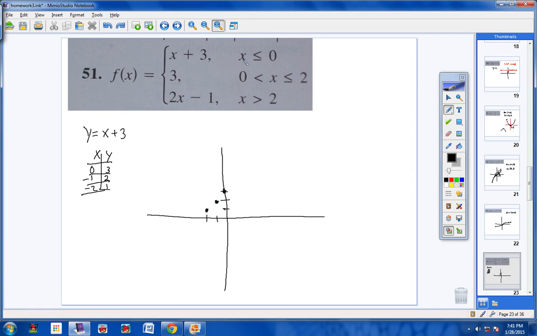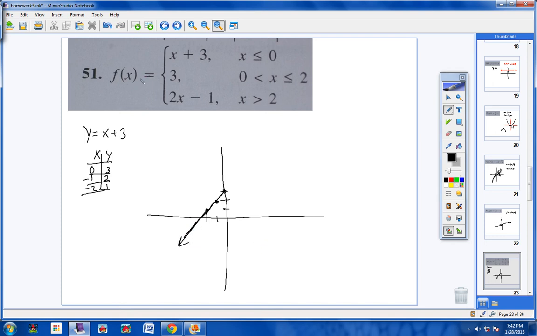Notice it says x is less than 0. So that means we cannot go this way, because now you're getting into the territory where x's are greater than 0, and the graph does not exist in that part because of this constraint, this inequality. So we're going to go from here, and we're going to draw it like this. That was very easy.